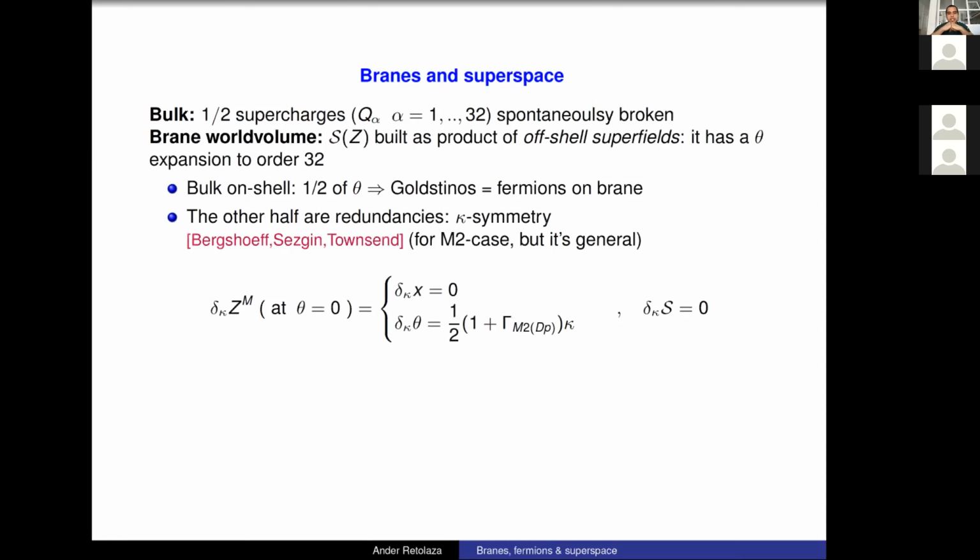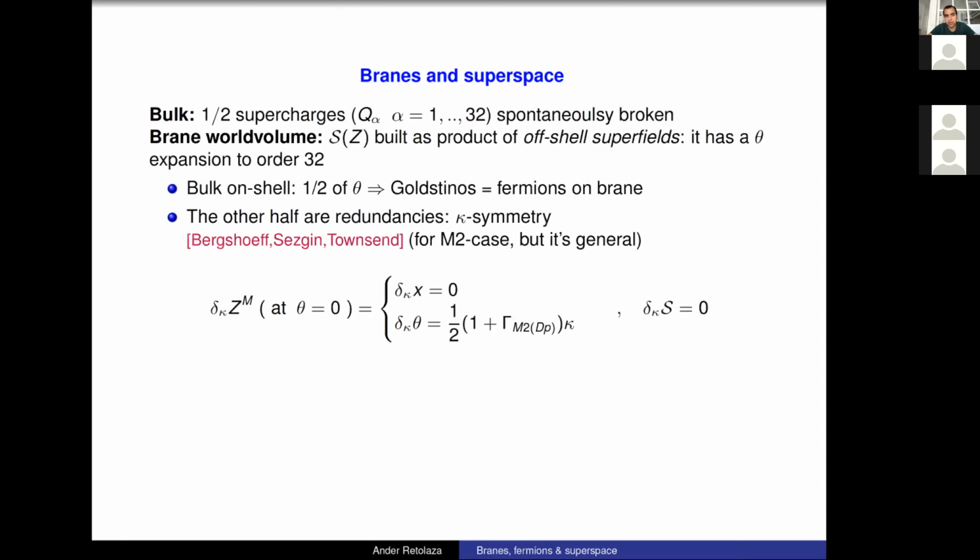So these are going to be the goldstinos, and these are going to be the fermionic degrees of freedom that we have on the brane. We're building the action of the brane using the superfields, so half of the thetas there are going to be fermionic degrees of freedom on the brane.